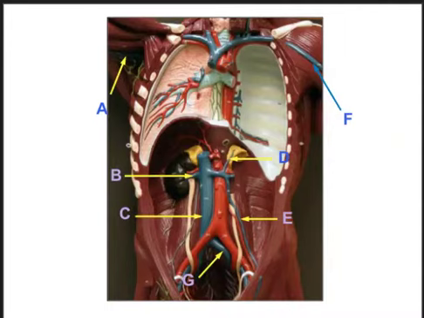F is the cephalic vein over here. We said that E was the gonadal vein. D, the suprarenal. G is the common iliac. Now, how do I know that?